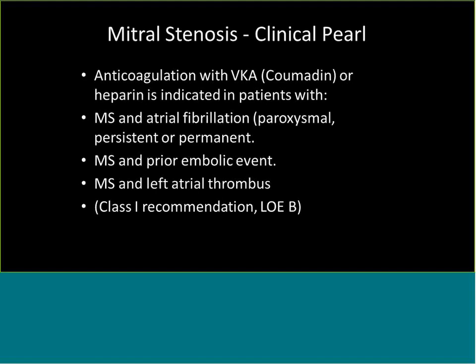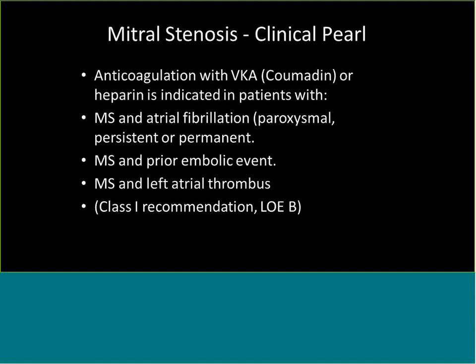Anticoagulation with a vitamin K antagonist, Coumadin, warfarin, or heparin is indicated in patients who have MS and AFib, whether it's paroxysmal, persistent, or permanent. I have the 2017 guideline, and I do believe it discusses the direct oral anticoagulant role in these patients.